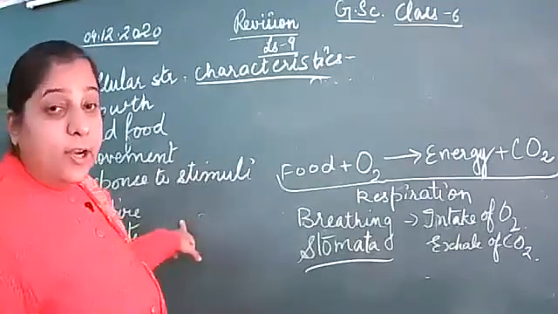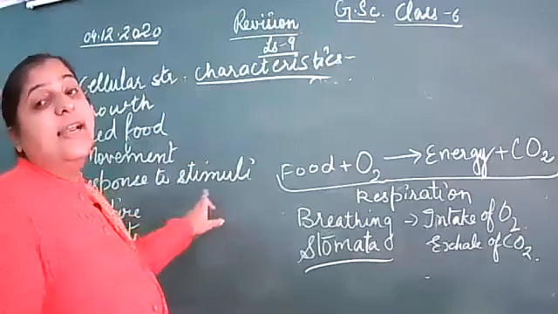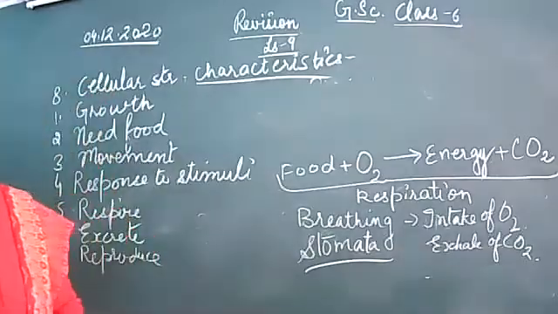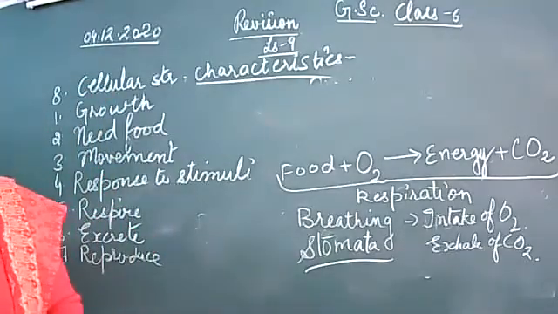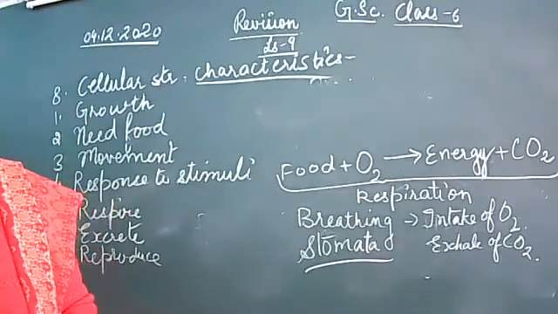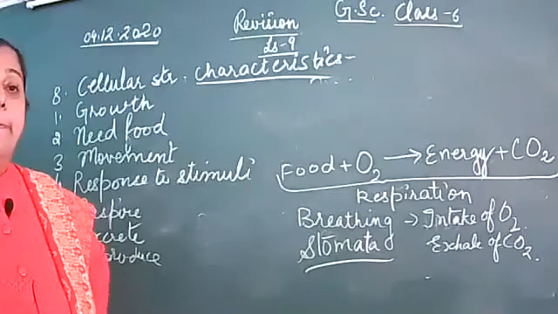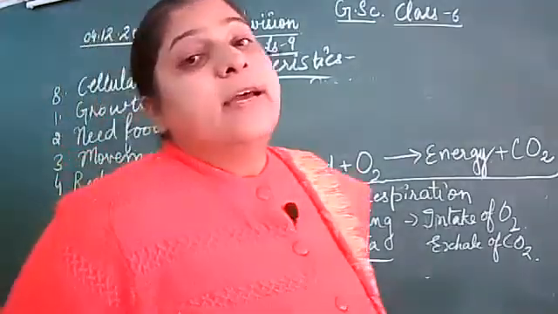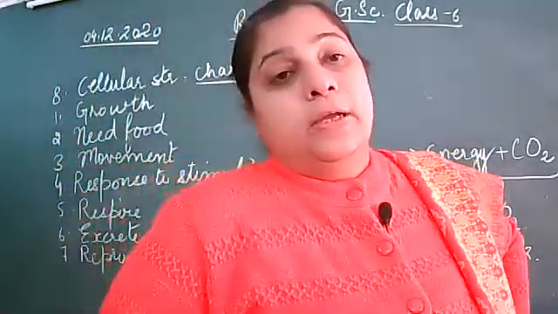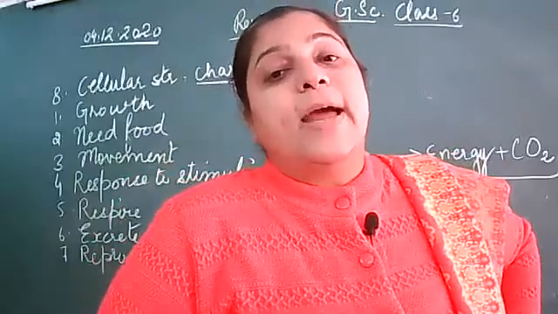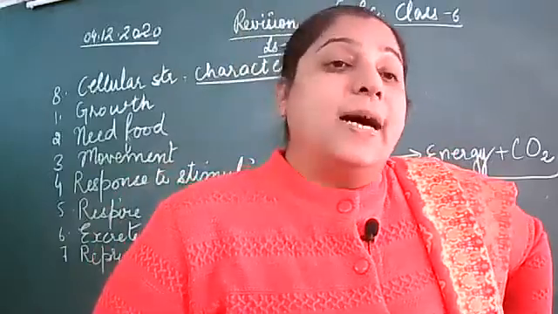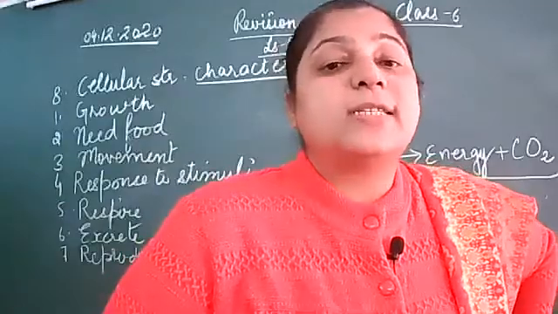There are different organs to do excretion in different organisms, right? For example, we human beings have kidneys to purify the blood. We sweat through our skin, right? Urine is passed, through which waste products are removed.